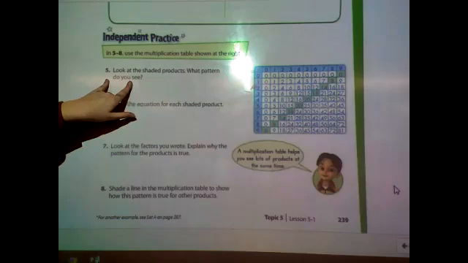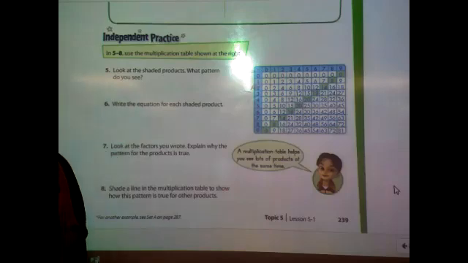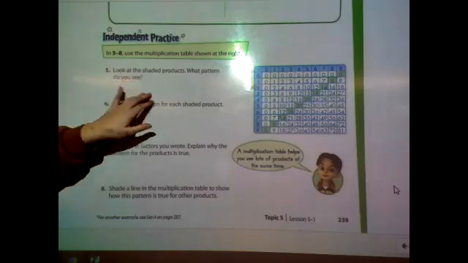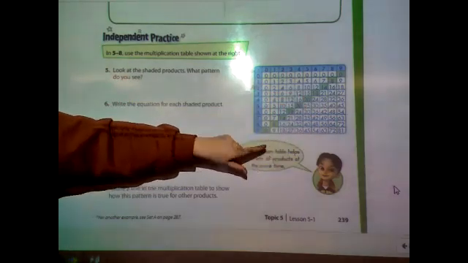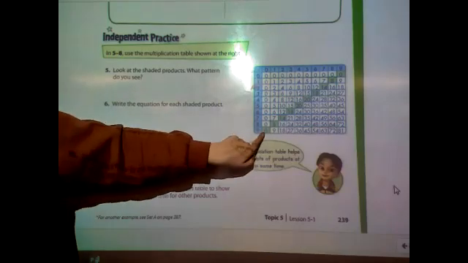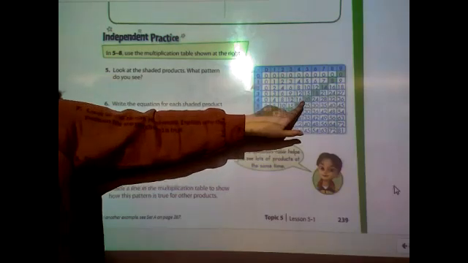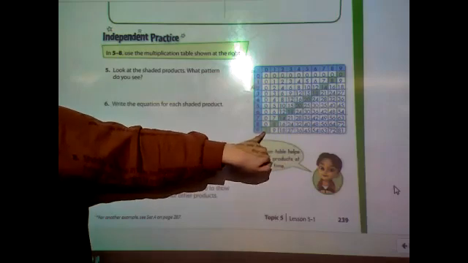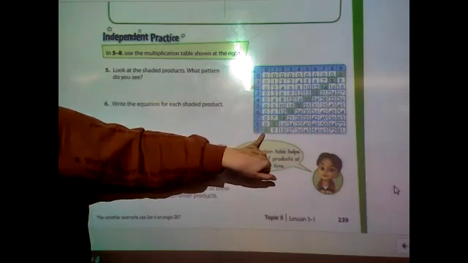Yeah, you're going to have to read each question carefully and really think about it. It's not just going to be a one and done type of thing, because you need to think about the pattern you see here. You're going to have to write an equation for every one of these. So I'll get you started.